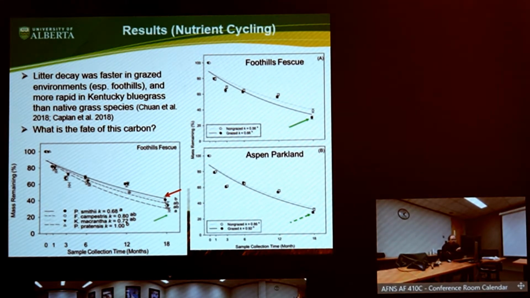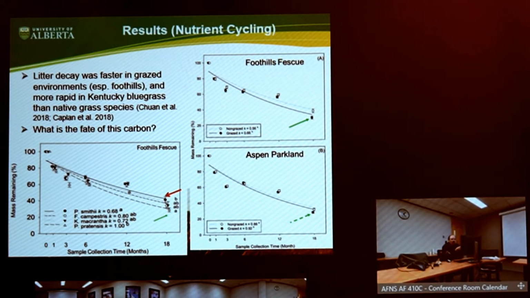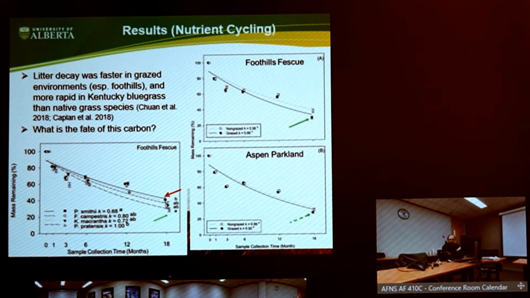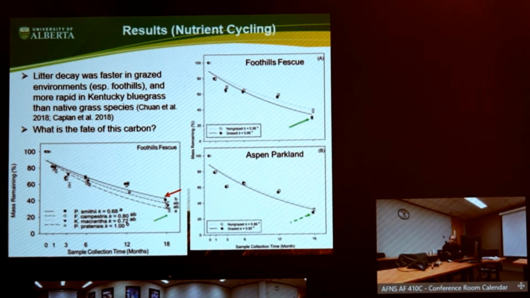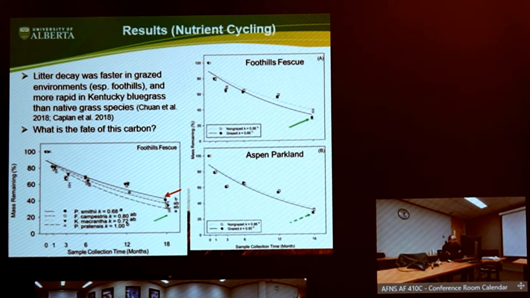So the two graphs on the right side here basically show decay of litter in environments that are either grazed or non-grazed over an 18-month period. And within both the foothills fescue of southwestern Alberta, so a relatively wet environment, and the aspen parkland of central Alberta, which is also a fairly moist environment, we saw more rapid decay within those grazed grasslands.